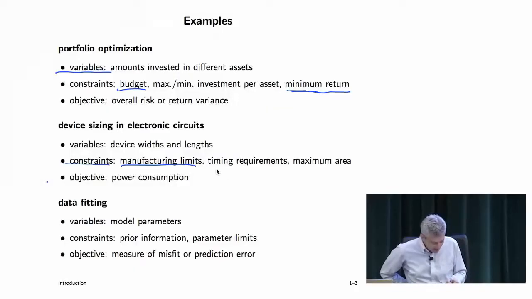But when you manufacture it at a certain fabrication facility, or fab, they'll have limits. This length can't be smaller than 22 nanometers, something like that. Or it can't be larger. There are actually very complex rules, but the basic ones are minimum and maximum, things like that.